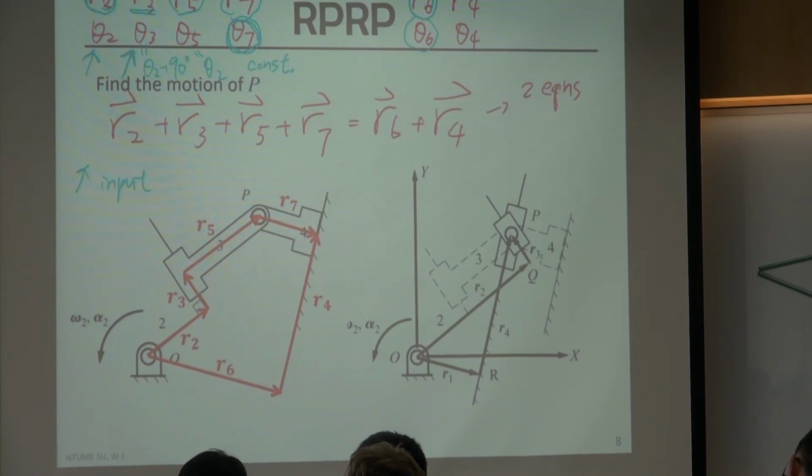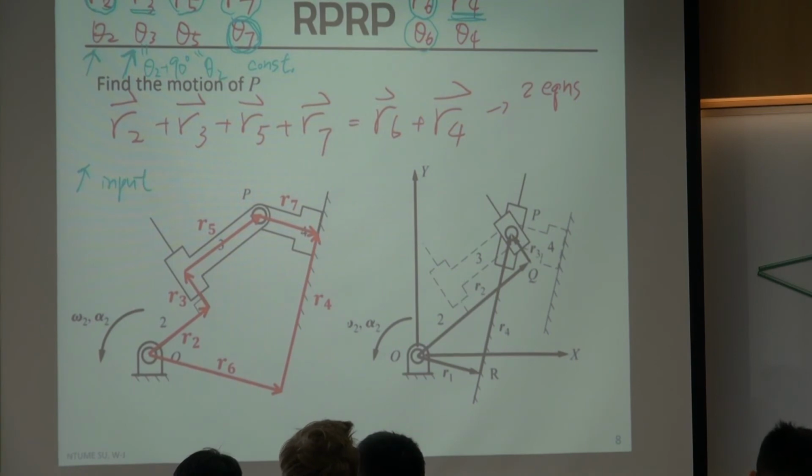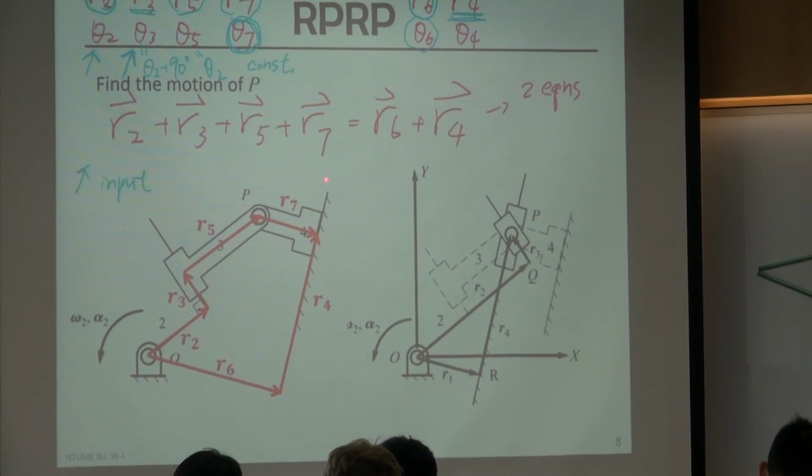And how about R4? R4 is going to change, as we mentioned previously. If the slider moves up, this R4 is going to extend. So R4 is unknown, and theta 4 is constant because it's just along the ground.